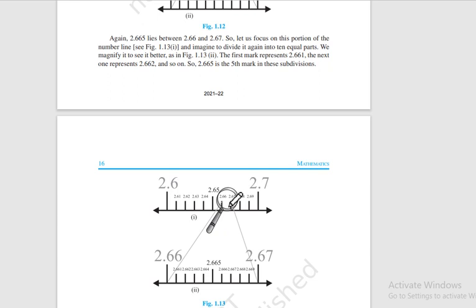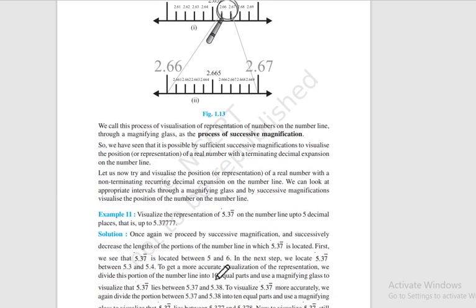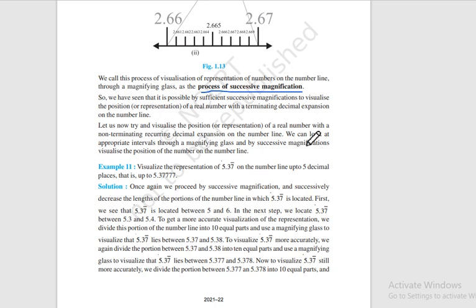So they have magnified that portion, and then finally they get the number there, isn't it? So this is called the process of successive magnification. I don't know how they will give this in the exam, but this is very easy. You can just magnify, and you get the number. So that is the representation of the number.